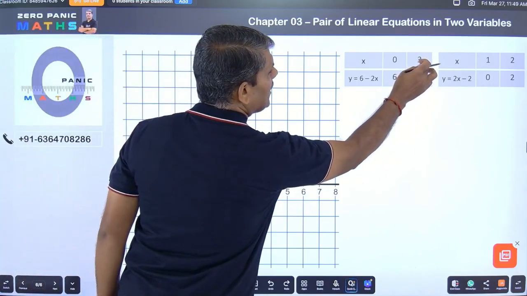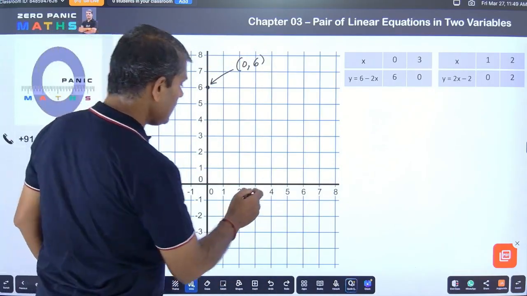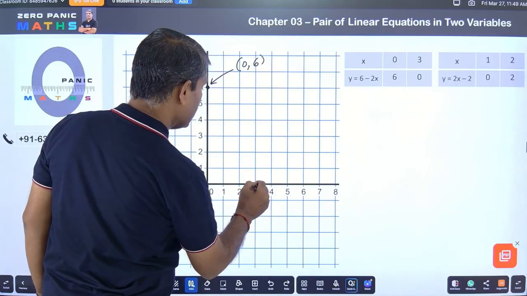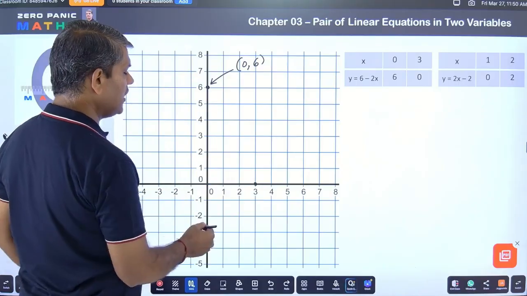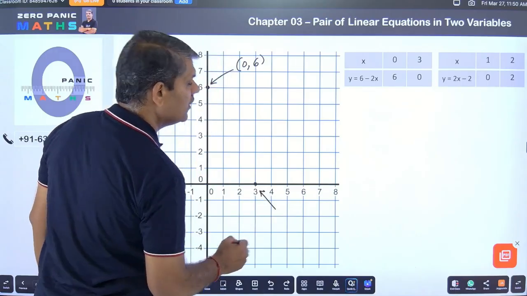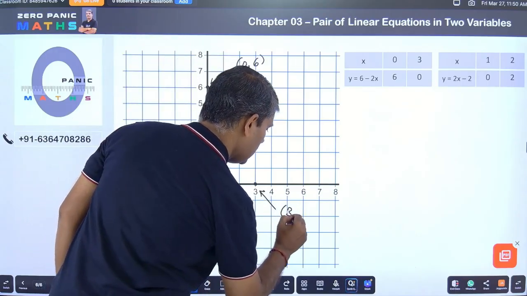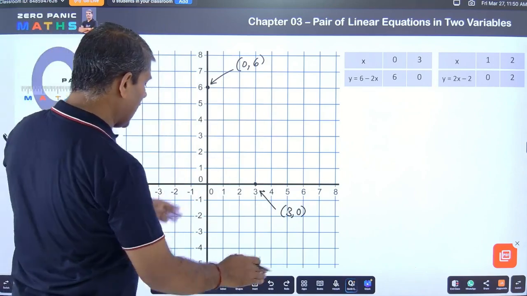Second is x 3 and y 0, which is this coordinate, 3 comma 0. Let us draw the line first.